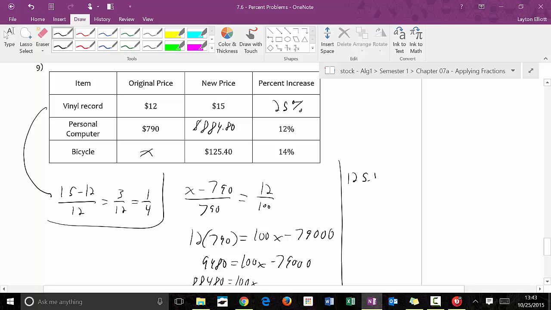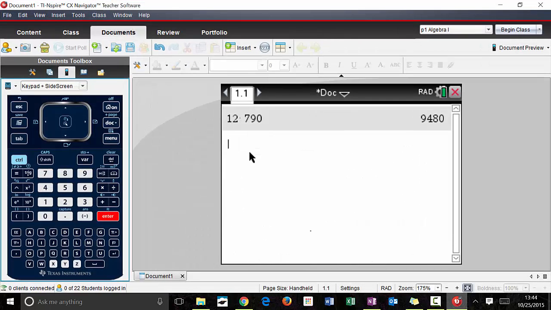Then finally I can put an original here and do it this way, where I go new price, this is the big one, minus the original over the original is equal to 14 over 100. And then just cross multiply there. 14x equals 12540 minus 100x, or 114x is equal to 12540, or 12540 divided by 114, and I get 110.